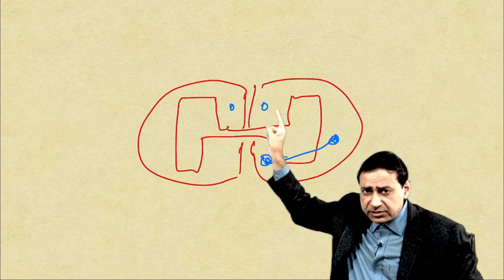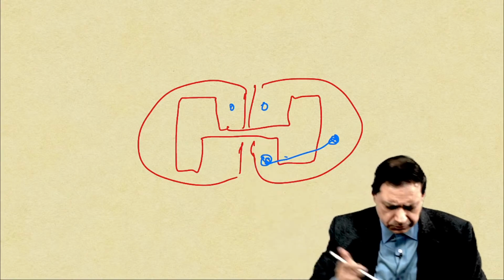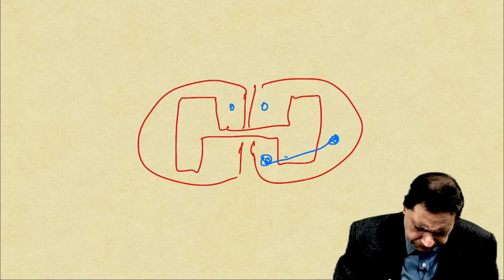So what are those things which will go up through the dorsal column? What are those?